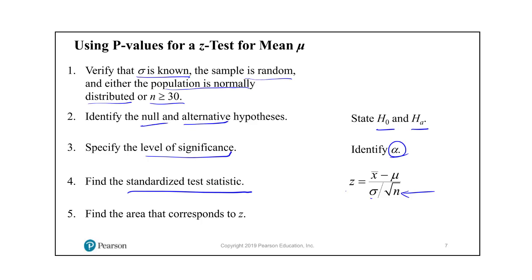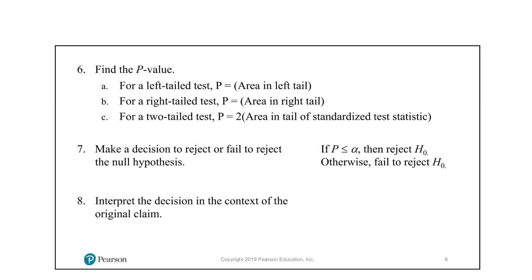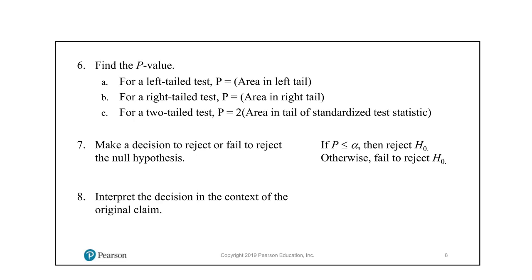All right, so once we have z, then we need to find the area that corresponds to that z value, because that's going to help us decide how to get p, the p value. So for a left tail test, again, we'd be finding area in the left tail, right tail, area in the right tail.